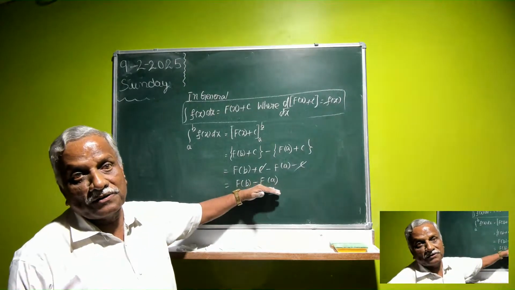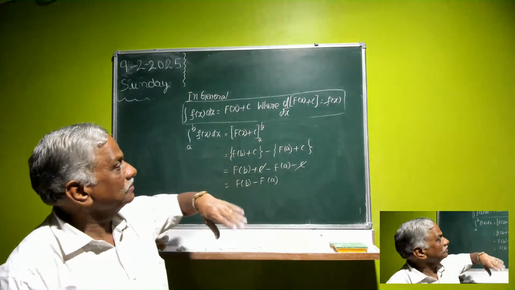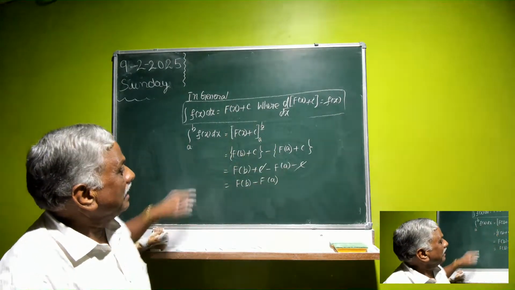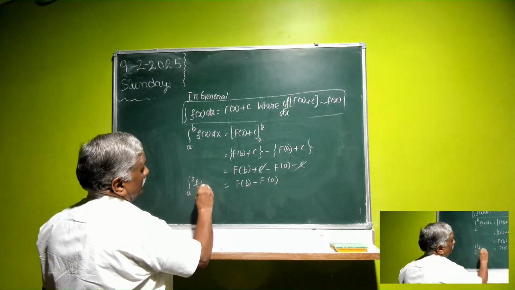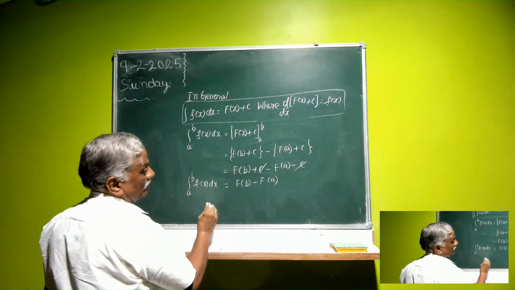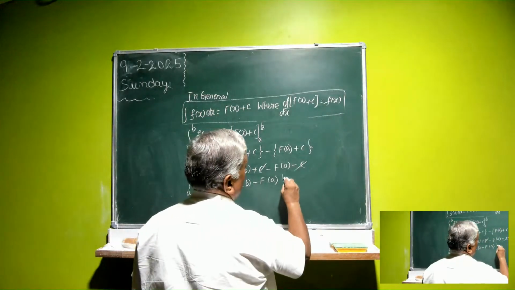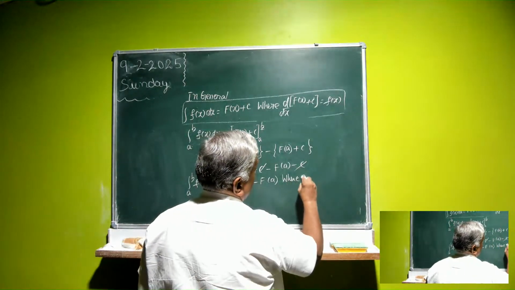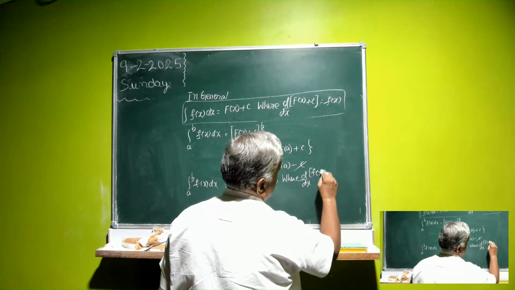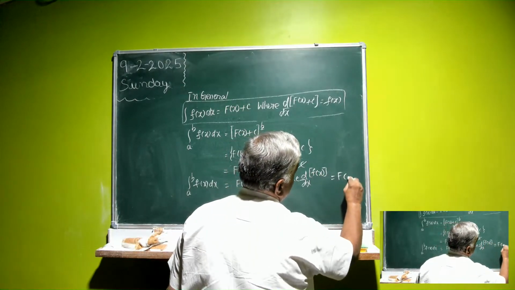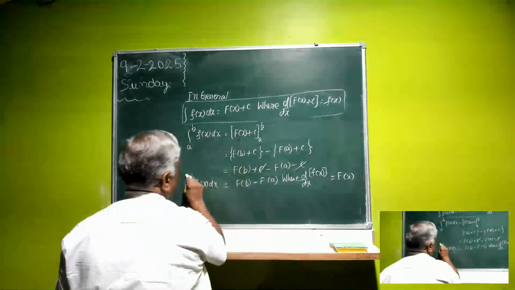I'll go into the details once we start the problems. So, the answer for this is, where d by dx of small f(x) is capital F(x). This is definite integral.